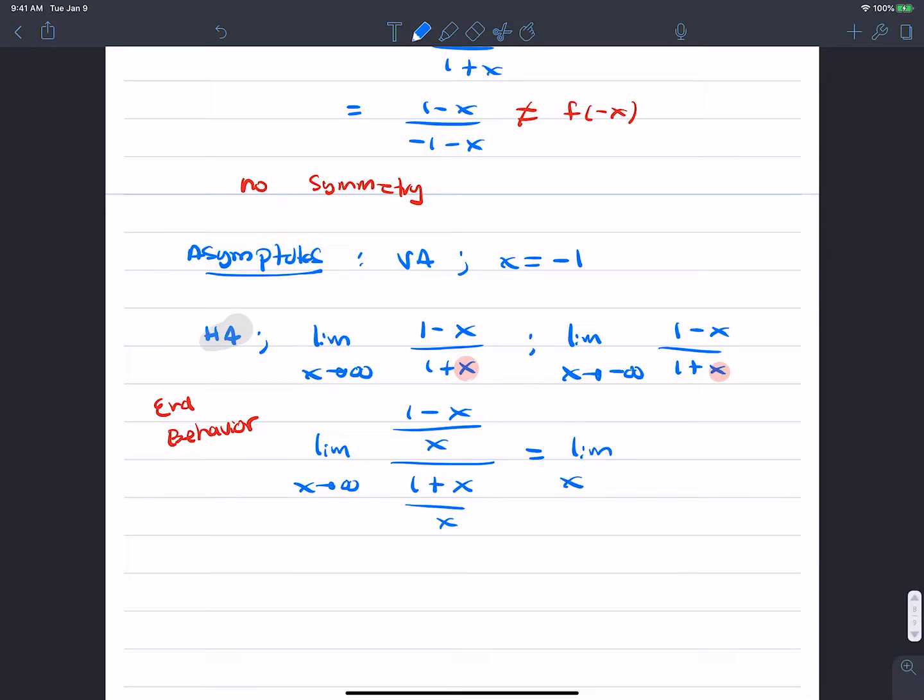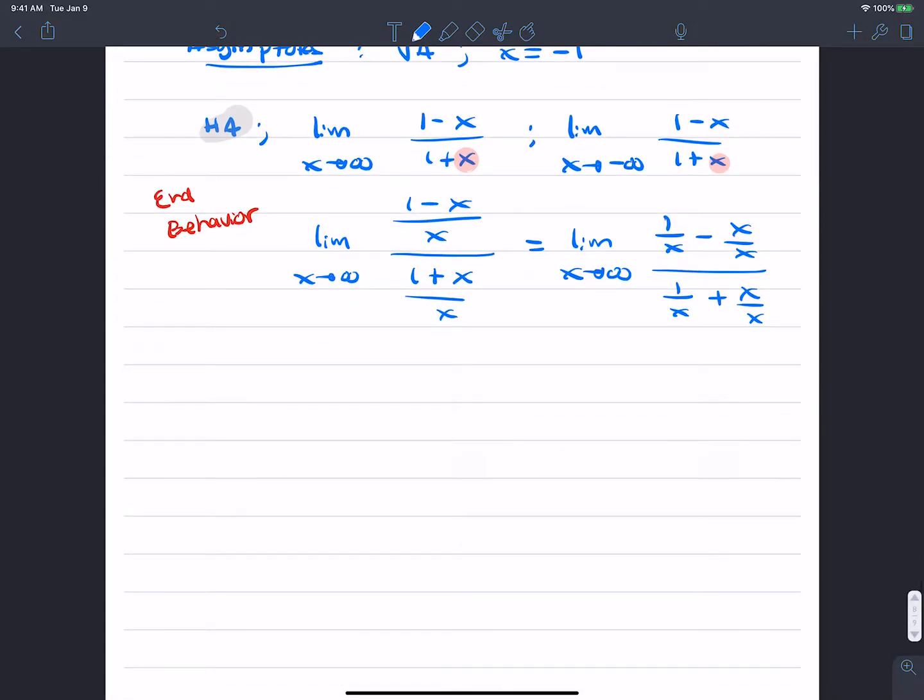That's again the limit. X goes to infinity. 1 over x minus x over x. 1 over x plus x over x. So your first limit's going to give us, as x goes to infinity, 1 over x minus 1 over 1 over x plus 1.